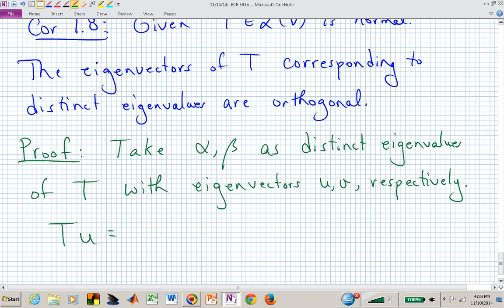If alpha and beta are respectively associated with u and v as eigenvalues and eigenvectors, then we know that Tu is in the same direction as u, with the scaling given by alpha. So this is now alpha u. Likewise, Tv is simply beta v.